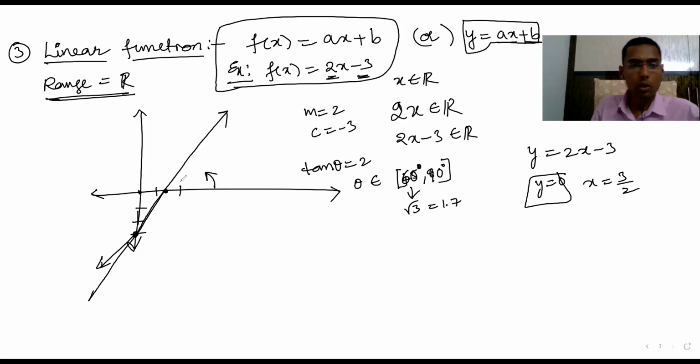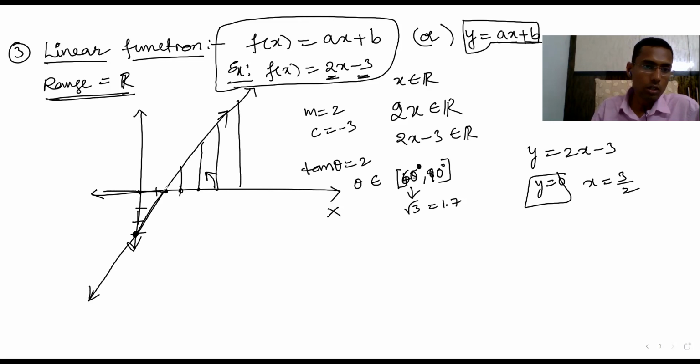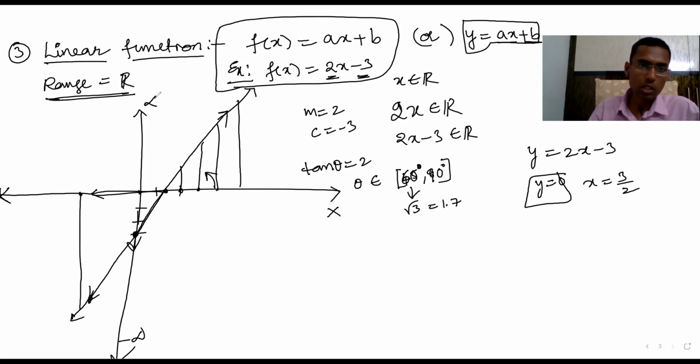Why I am saying this is, just by seeing the graph you should understand. For this x value, this is the y value. Whatever x value you take, you get a y value. So all those x values constitute the domain.